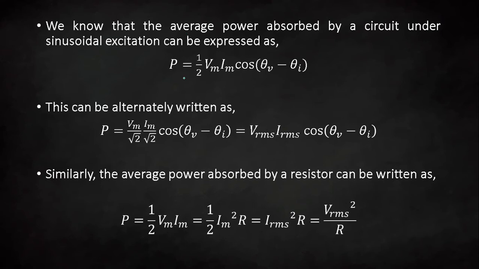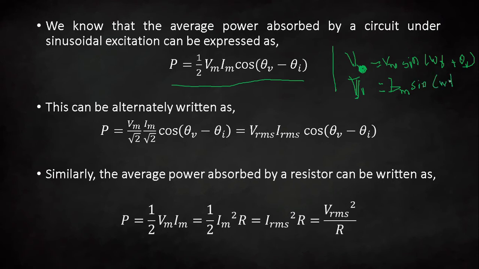Just remember this equation: P is equal to 1 by 2 Vm Im cos of theta V minus theta I. Let me remind you, the voltage signal is given by V is equal to Vm sin omega t plus theta V, and I is equal to Im sin omega t plus theta I.